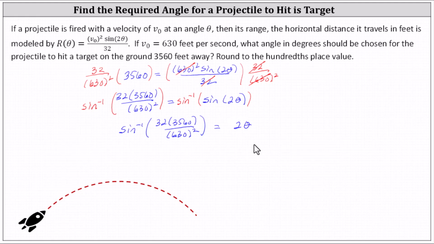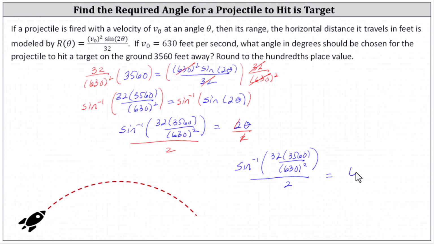And now to solve for theta, we'll divide both sides by 2. Simplifying, we now have inverse sine of 32 times 3,560 divided by 630 squared, all divided by 2, equals theta.